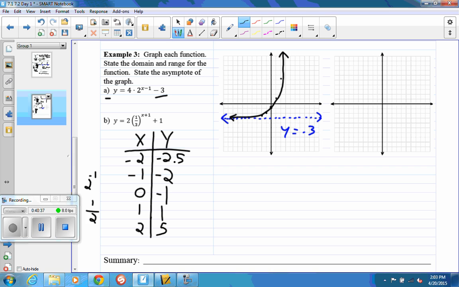We'll see that really clearly on this next one. Alright, so domain, folks. Domain, all real numbers, good. Range, Ashton.